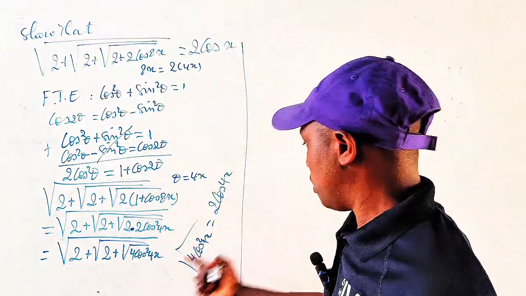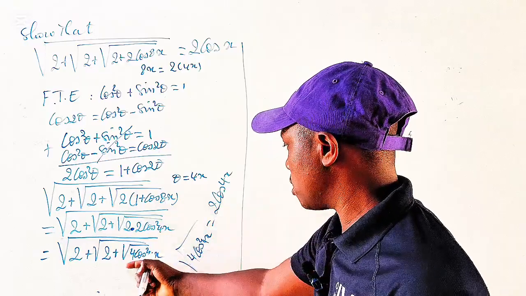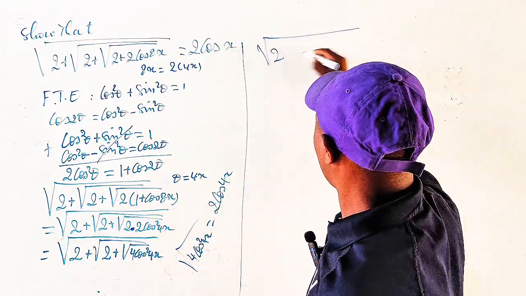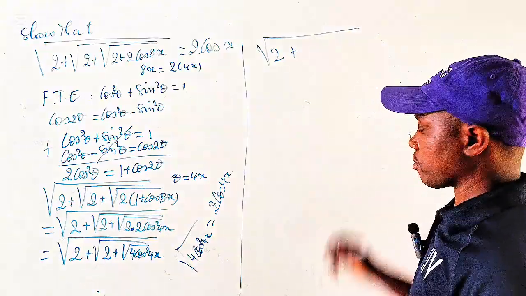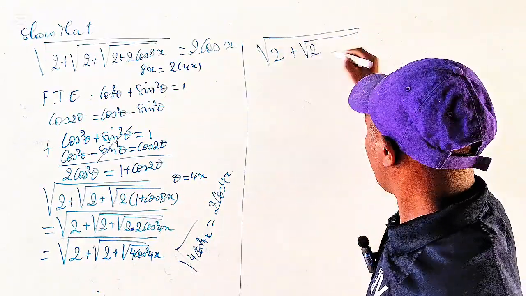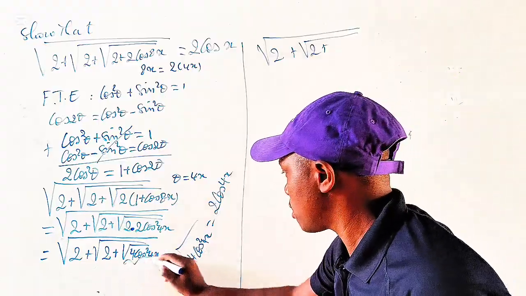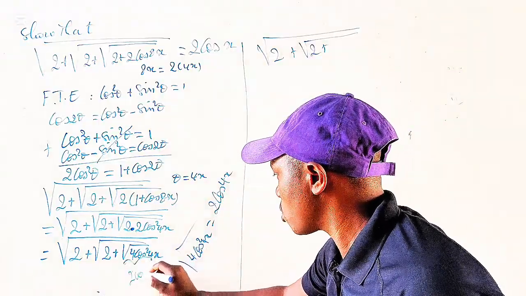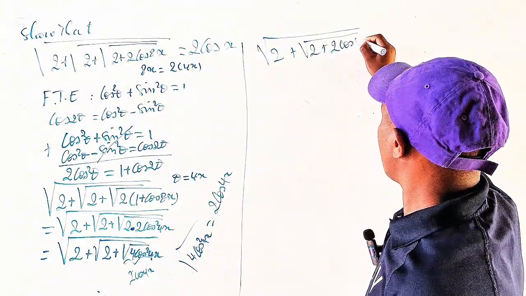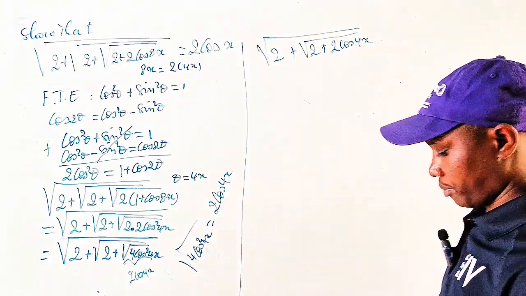Now this is going to replace this. We have the square root of 2 plus the square root of 2 plus 2 times cosine of 4x.